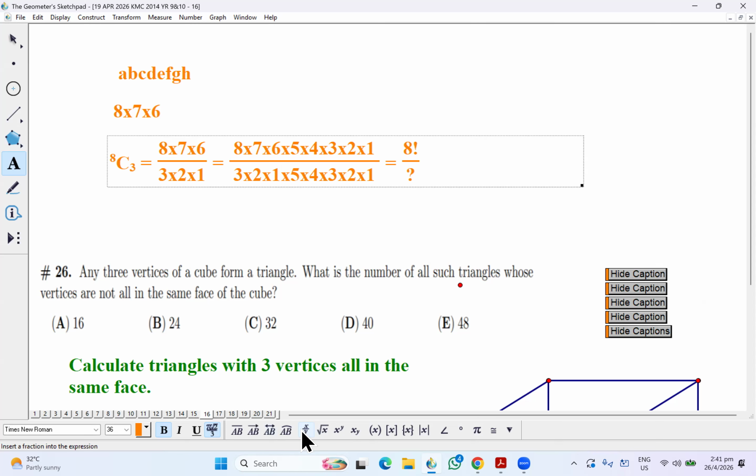Then the bottom becomes 3 factorial and then 5 factorial. So this is the formula, 8C3 is 8 factorial over 3 factorial, 5 factorial. So the 5 factorial is redundant, cancel off. So 8, 7, 6 over 3, 2, 1.